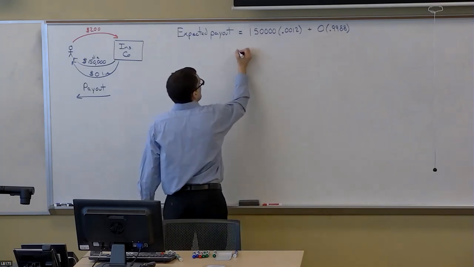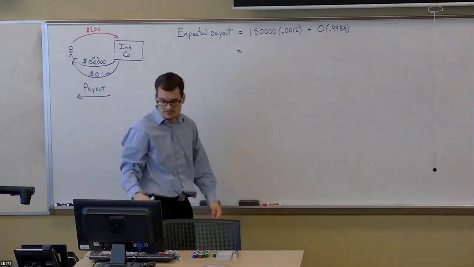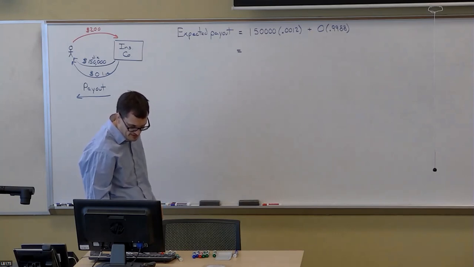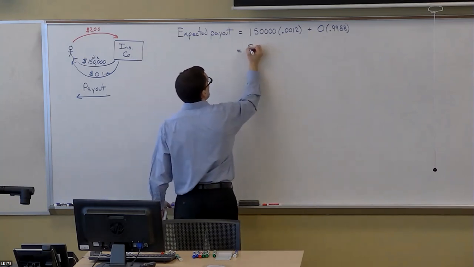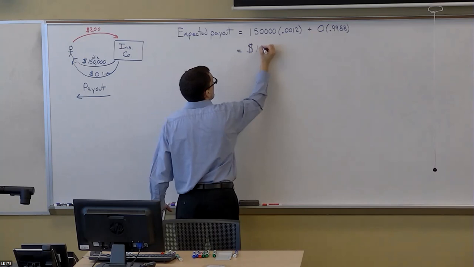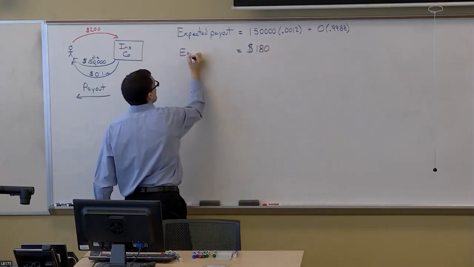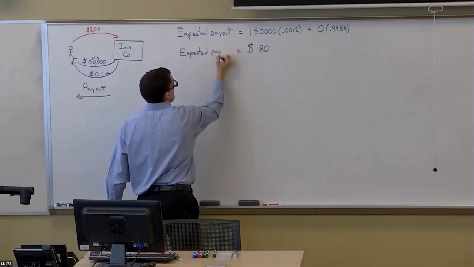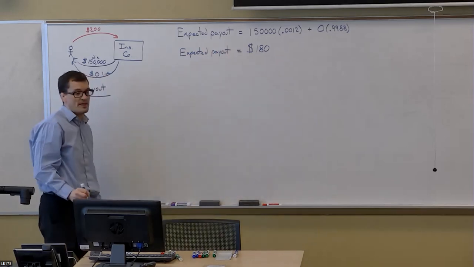So the expected payout is simply going to be the $150,000 times the probability that the person dies. That becomes $180. All right.